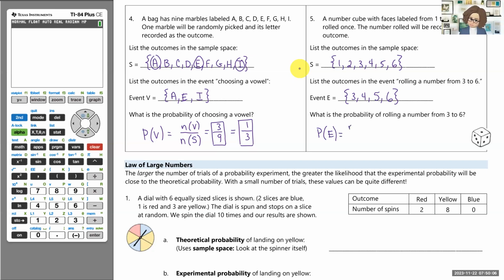So one more time here, theoretical or classical probability says count the number of times the event occurs, the number of outcomes in that event, and divide by the number of outcomes in your sample space. So event E up there consists of 4 numbers out of a possible set of 6 outcomes. And again, perfectly acceptable answer, but if you are asked to reduce, we can go ahead and reduce.